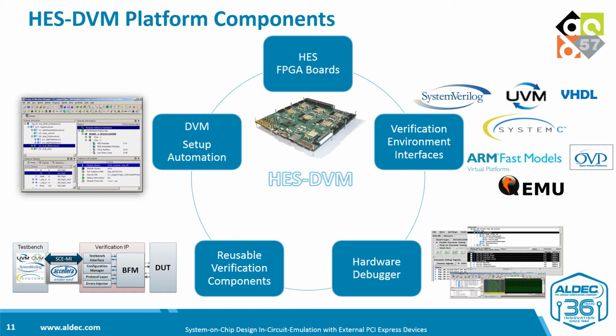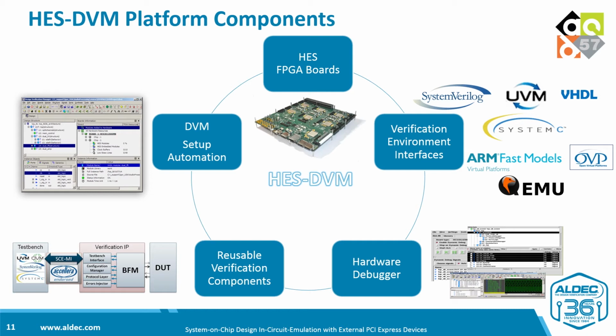DVM is a design verification manager tool, and it's used to automate design setup for FPGA. The bundle of verification environment interfaces allows for a quick and robust integration with many different verification environments and tools like simulators or virtual platforms.